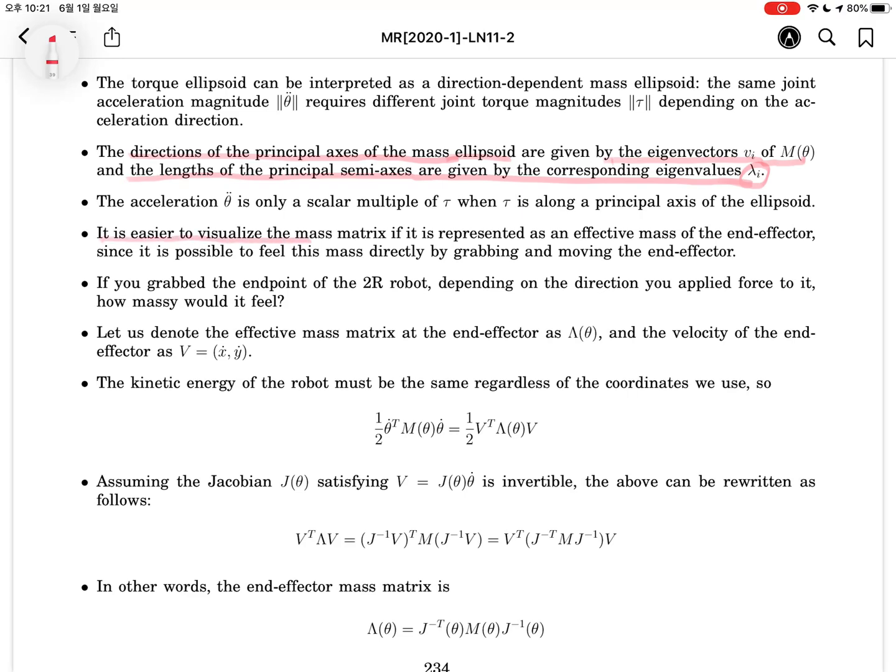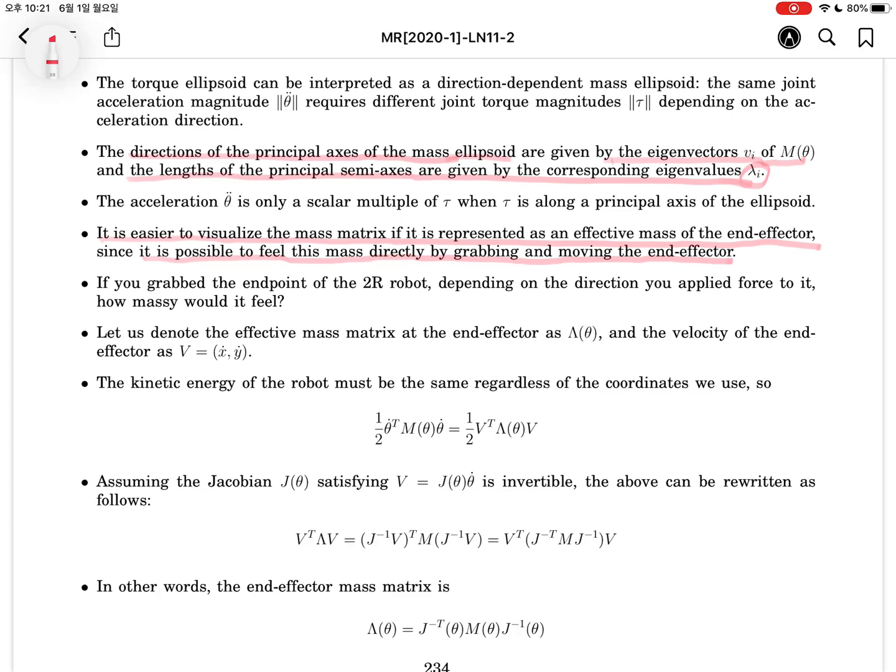Okay, it is easier to visualize the mass matrix if it is represented as an effective mass of the end effector, because it is possible to feel this mass directly by grabbing and moving the end effector. Let's assume the robot is located here.